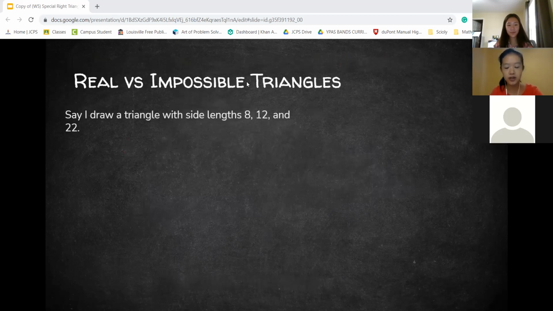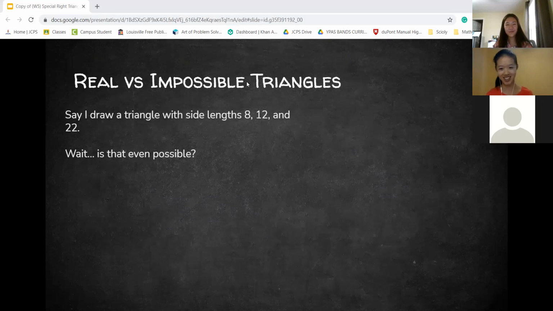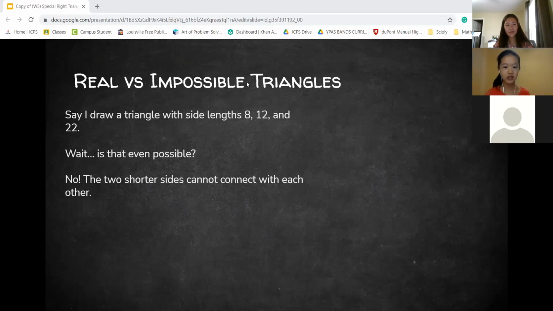Okay, so here's something important. Say I draw a triangle that has side lengths 8, 12, and 22. Is there a problem with this? You can probably already tell there is a problem, because we're asking if it's possible. The problem is that this is not a triangle, because the two shorter sides won't connect with each other.